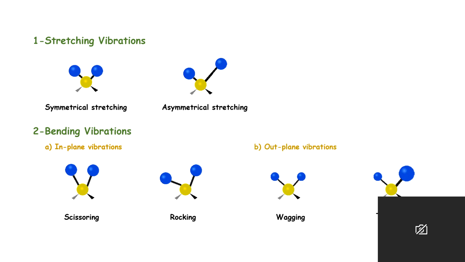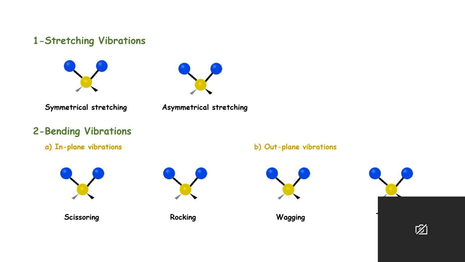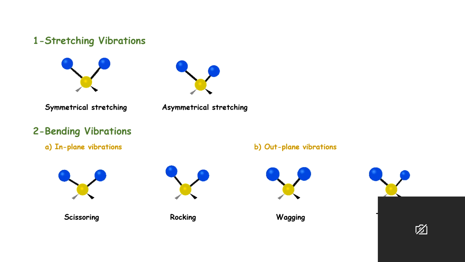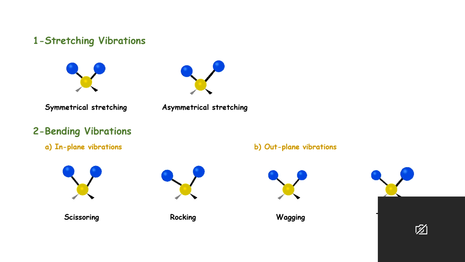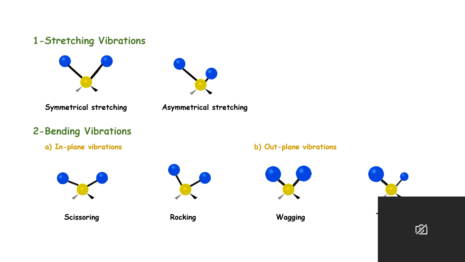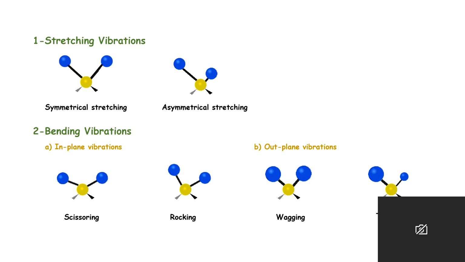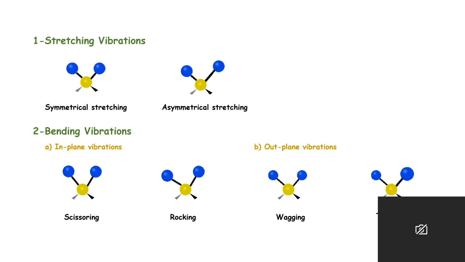Next is out of the plane vibration, in which the bond changes its plane, like we see in wagging, where the bond goes either out of the plane or inside the plane, so the bond plane changes. Whereas in twisting, one bond is coming out of the plane and the other bond is going inside the plane.